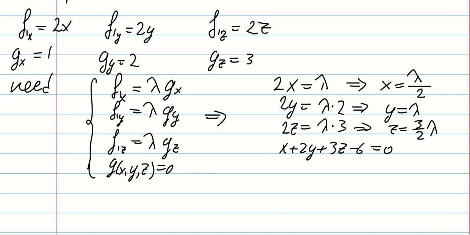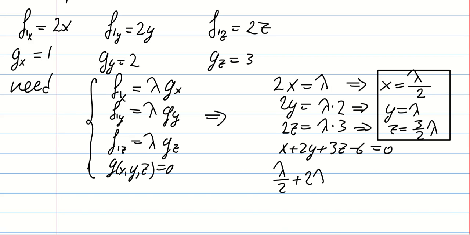All right, so we take all of this and plug it into the last equation, then it will be only an equation in terms of lambda. So we have lambda over 2 plus 2 lambda plus 3 times 3 over 2 lambda, equal to 6, if we move 6 to the other side.